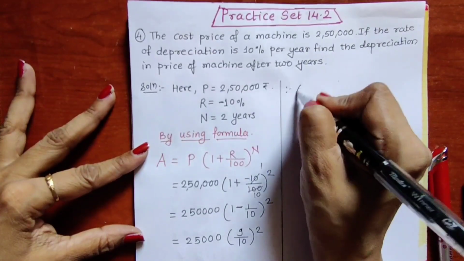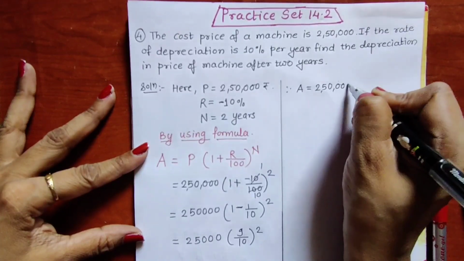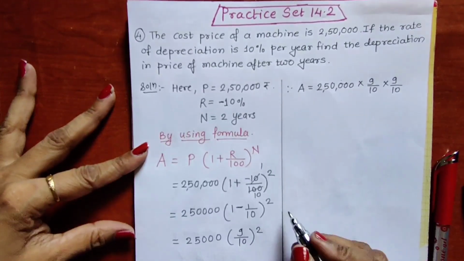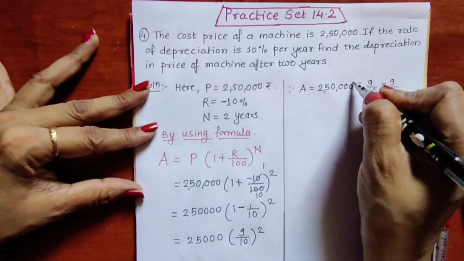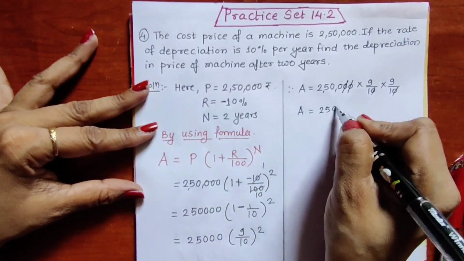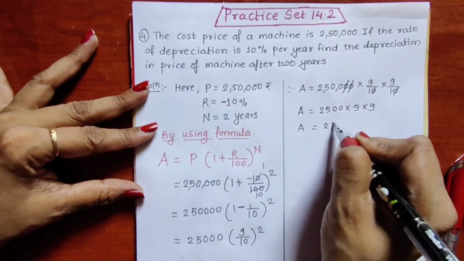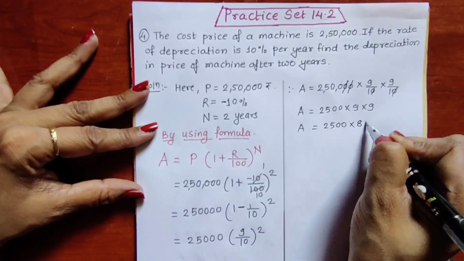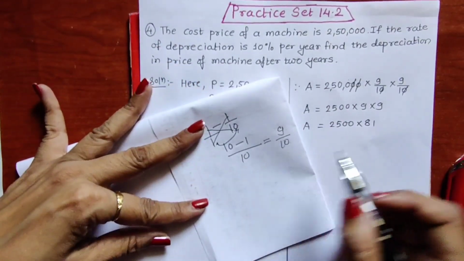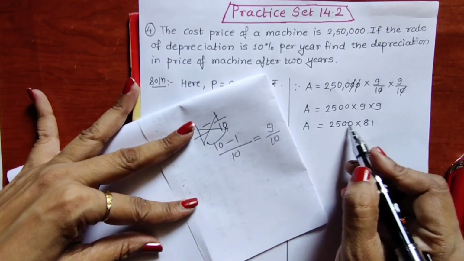Now therefore A is equal to 2,50,000 multiply by 9 upon 10 square. That's why we have to write the number 2 times. 10 cancels with 10, second 10 cancels with second 10. So A is equal to 2500 multiply by 9 multiply by 9. So 9 9s are 81. This is simple multiplication which we can do here. Otherwise you can multiply directly by 25 also, and afterwards you can put these 2 zeros.